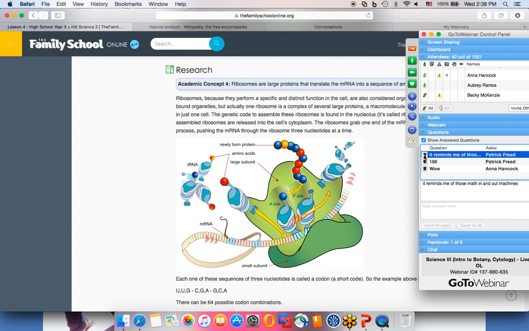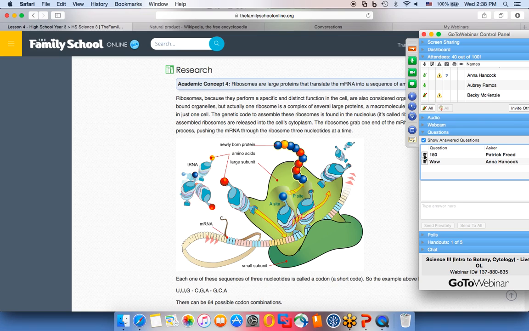All right, Patrick says that they remind him of those in and out machines. Yes. So, Aubrey, let's see if we can work through this together. So the messenger RNA goes inside of the ribosome, and the ribosome has a special site that basically stops the RNA molecule and reads 3 nucleotides at a time.